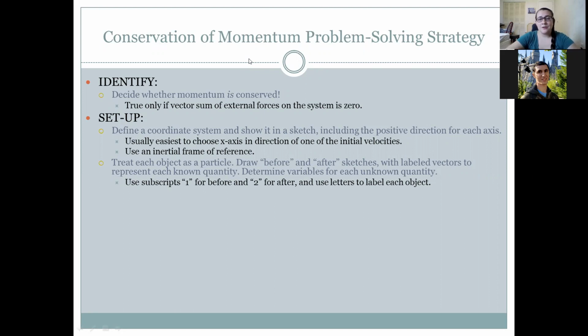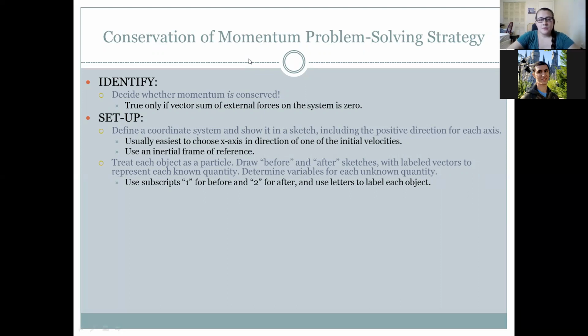And then we'll figure out which variables we don't know. So we'll give those variables that we don't know a letter, usually, just so that we can still incorporate them into our equations.